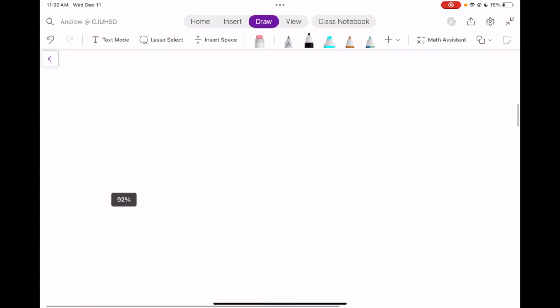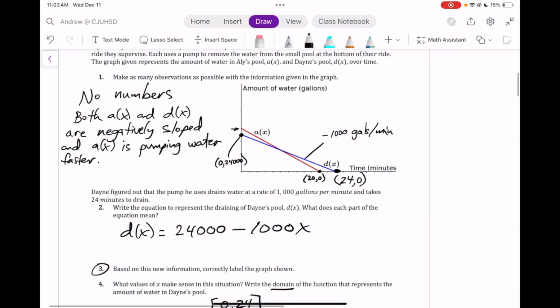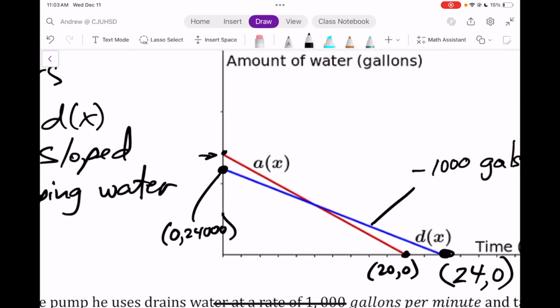So let's go back to the original graph. We'll label that one as 28,000. We can figure out the slope of her line because it's 28,000 divided by 20, and it's going down, so it's negative. This is negative 1,400 gallons per minute.